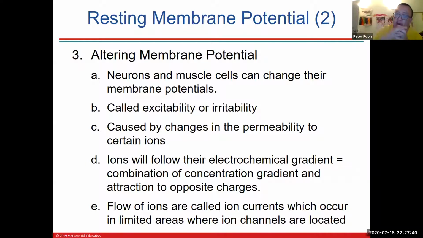Make it less polar, closer to 0 than at -70. The other thing I can do is open a potassium channel and have potassium leave the cell. All of a sudden, I have more negative charges than usual, and so now I'm hyperpolarized. I drop below -70 to -85 or something like that.